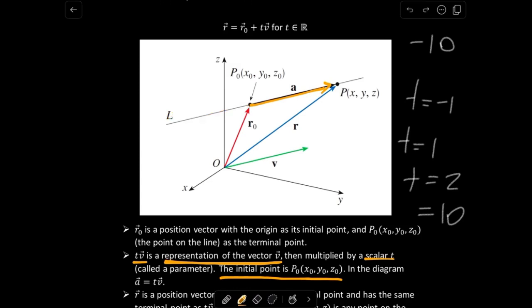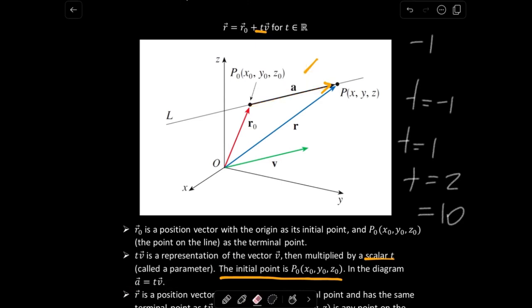And you can see in this specific diagram that t multiplied by v is represented by this vector a. In case you're confused about what this vector a is, it's basically t multiplied by vector v. Just for the sake of convenience, instead of writing tv on the diagram, they wrote vector a is equal to t multiplied by vector v.